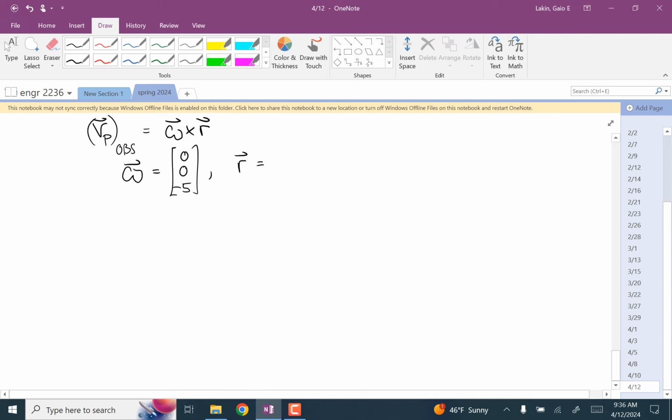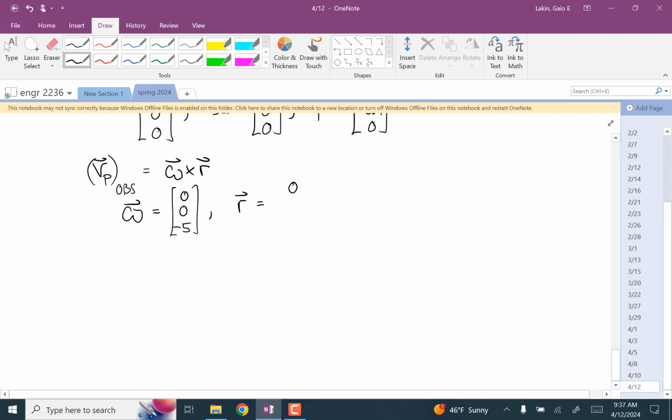So in this case, that's the same as the position vector, but that's not always the case. And so the velocity of P observed by the coordinate system is -2, 0, 0.